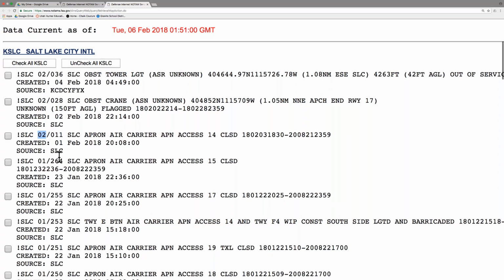So this is the month. This is the number of the NOTAM. This is basically they'll start writing NOTAMs, and every NOTAM gets the next number. Does that make sense? They just go in that sequential order. So what do you want me to label it as? I would just say like the 11th NOTAM, the number of the NOTAM for the month.